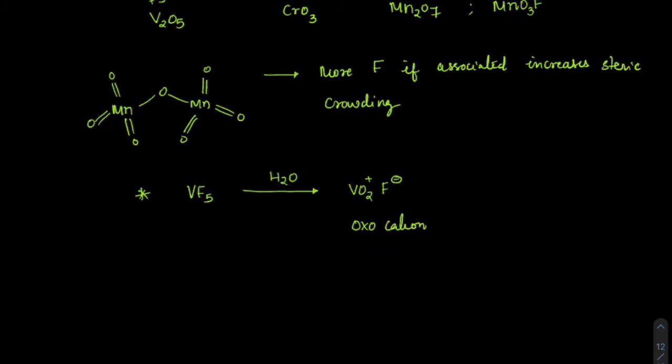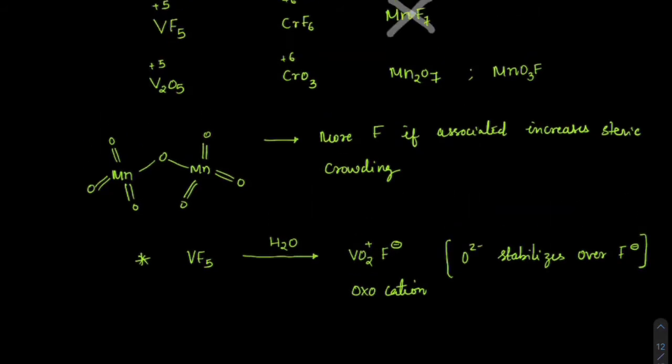Normally with oxygen we do not see cations, but here this is an oxocation. Now again the reason is simple, O2 minus stabilizes over F minus. So that's why in water it gets dissociated this way. I guess you understood the higher oxidation states.